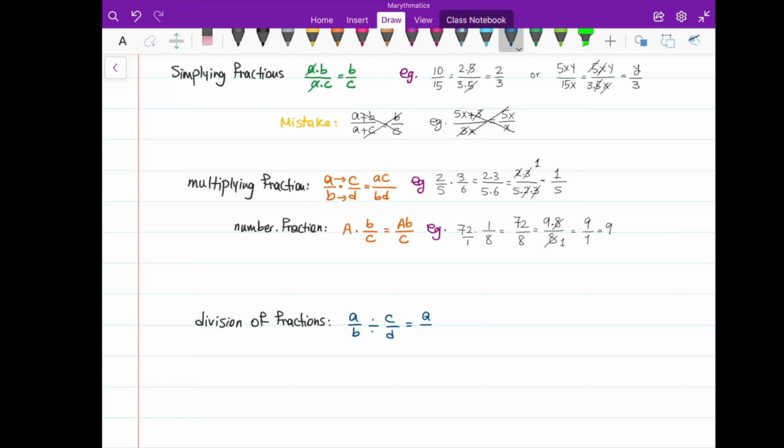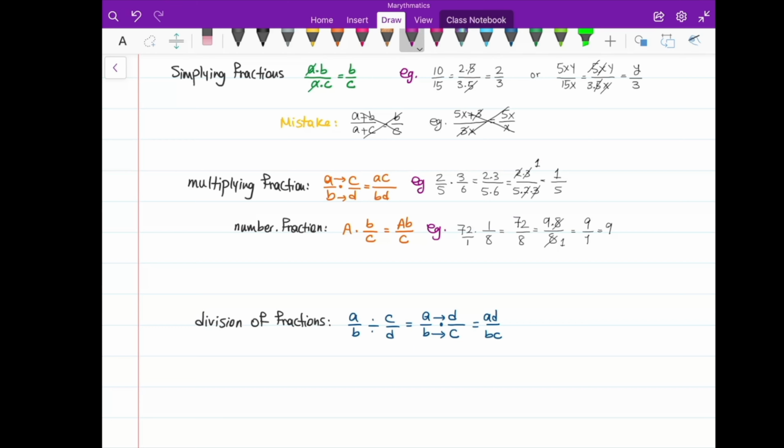I'm going to write the first one, a over b, and then change the division into multiplication, and then flip the second fraction. I'm going to write this as d over c. Now I have multiplication of fractions, numerator times numerator, denominator times denominator. It would be ad over bc.